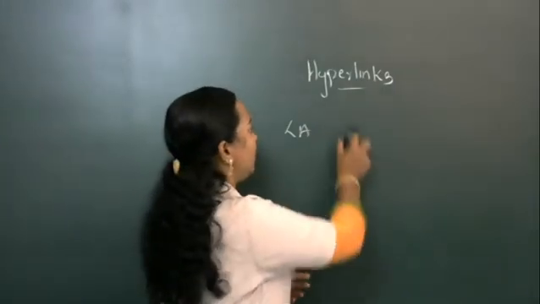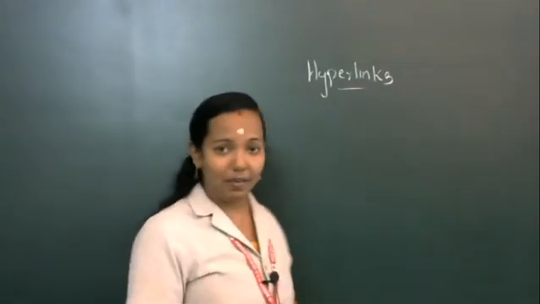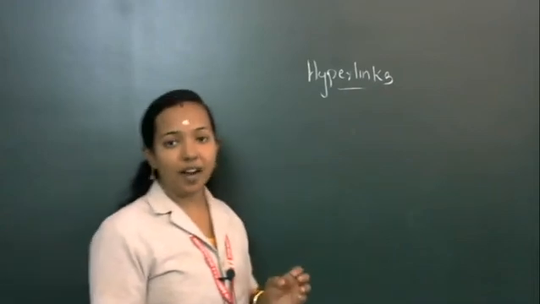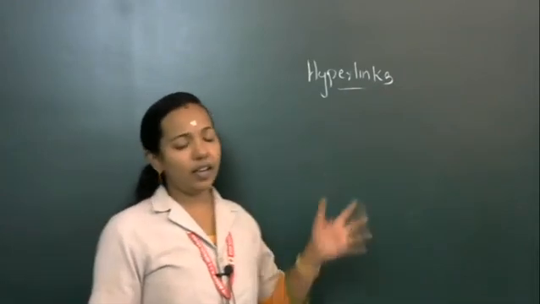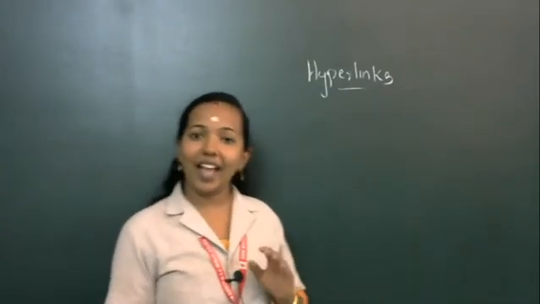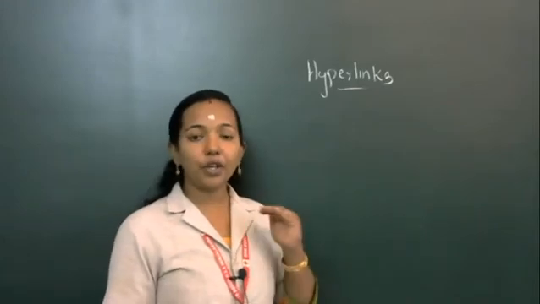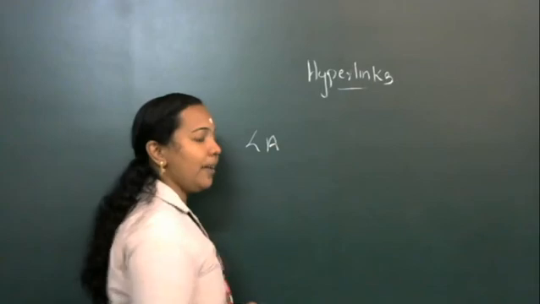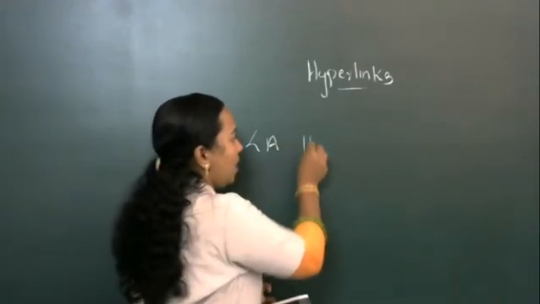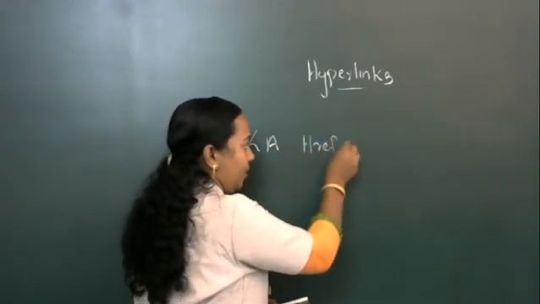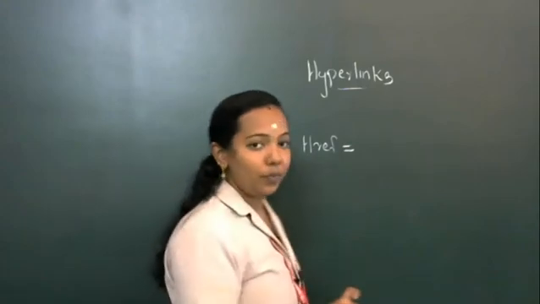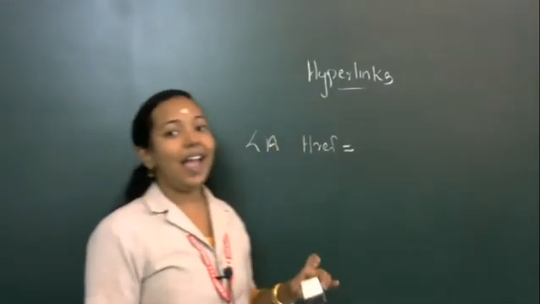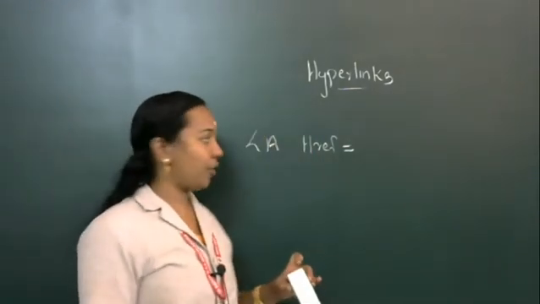Suppose you want to include a hyperlink in your HTML document. Normally we include the a tag in the body section. So after opening the body section, start the a tag, then write href is equal to, the file we are attaching to your document.